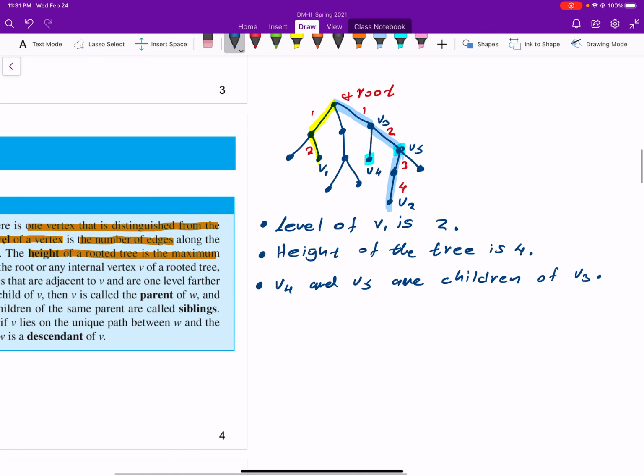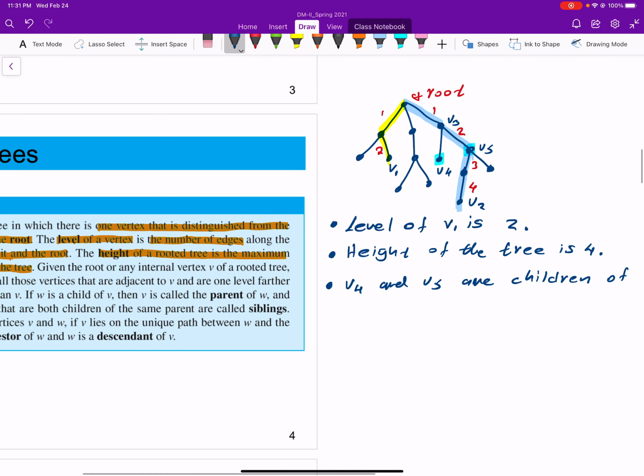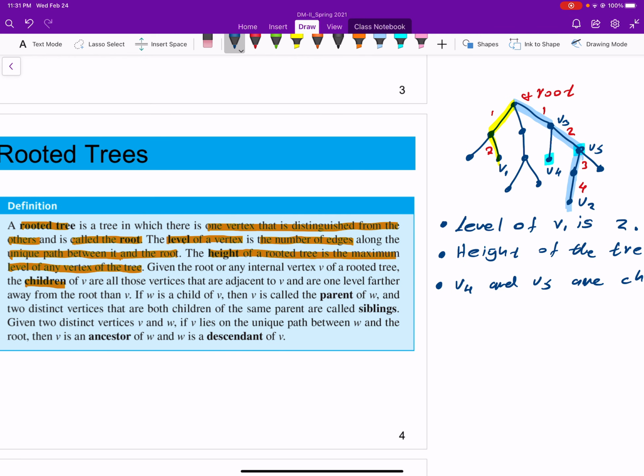All right, so V4 and V5 are children of V3. And then go forward. Then we are going to talk about parents.